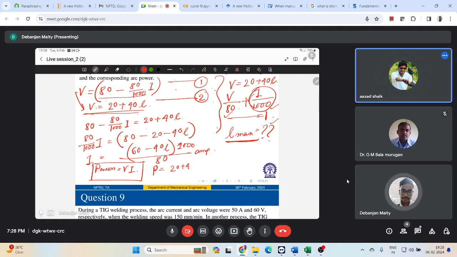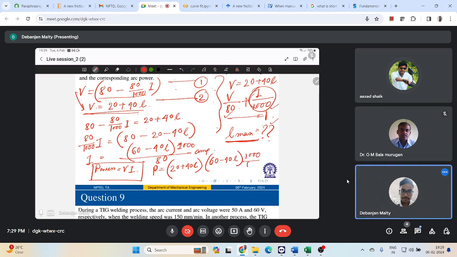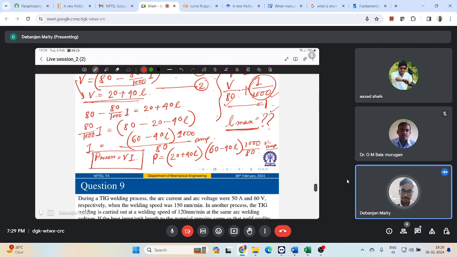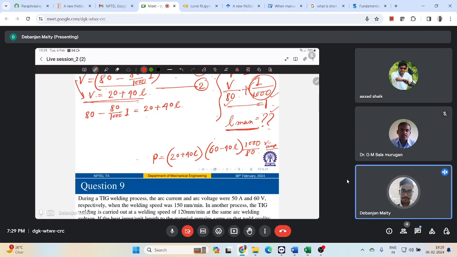So this will be 20 plus 40L, into 60 minus 40L, into 1000 by 80. This is in volt-ampere or watt, whatever you say. This is my power.